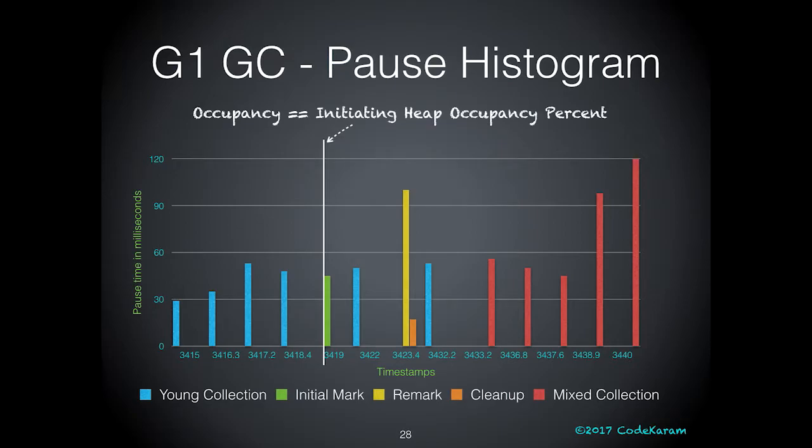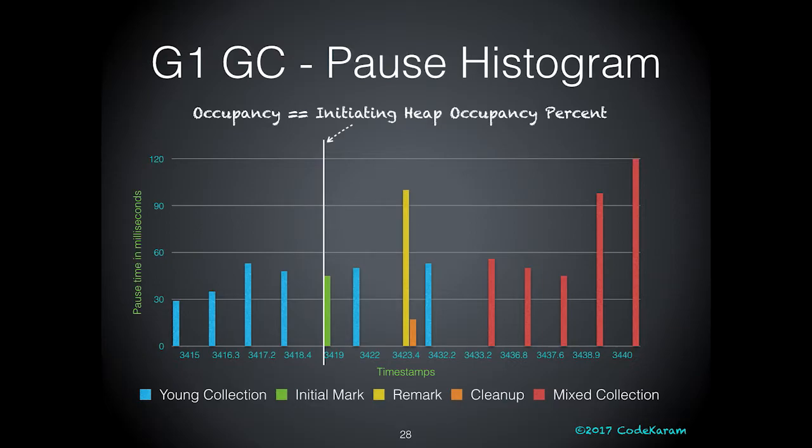After that, you start your concurrent marking cycle. I'll quickly list all the phases, but there are a couple of stop-the-world phases in the concurrent cycle. The first one is initial mark, which is what you see in green. Initial mark is also piggybacked, which means it happens at the same time as a young collection.